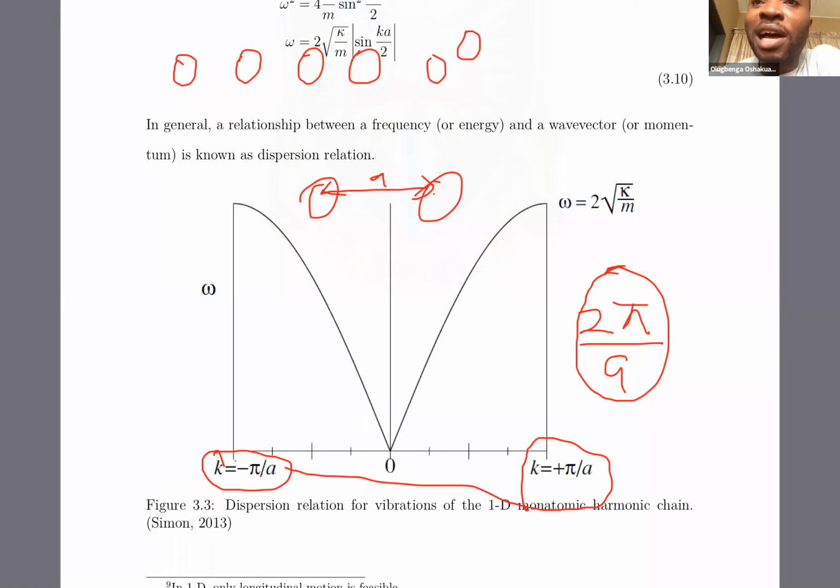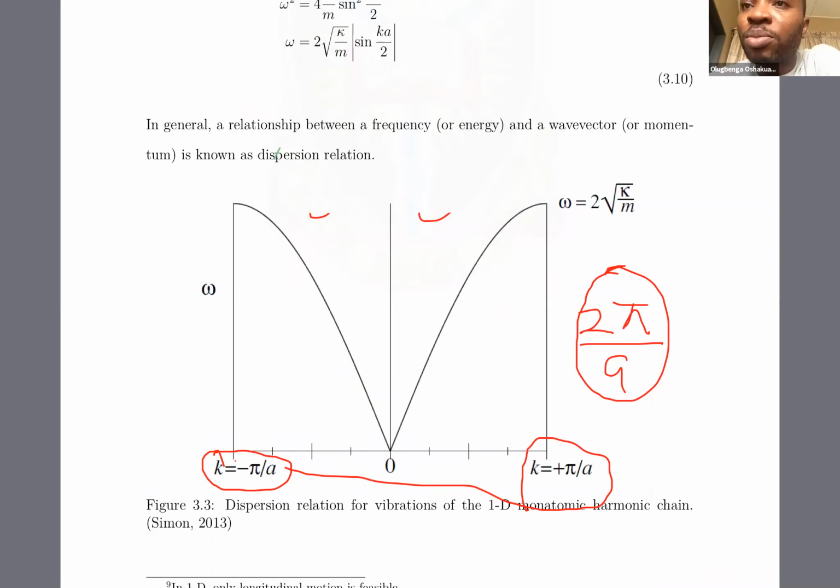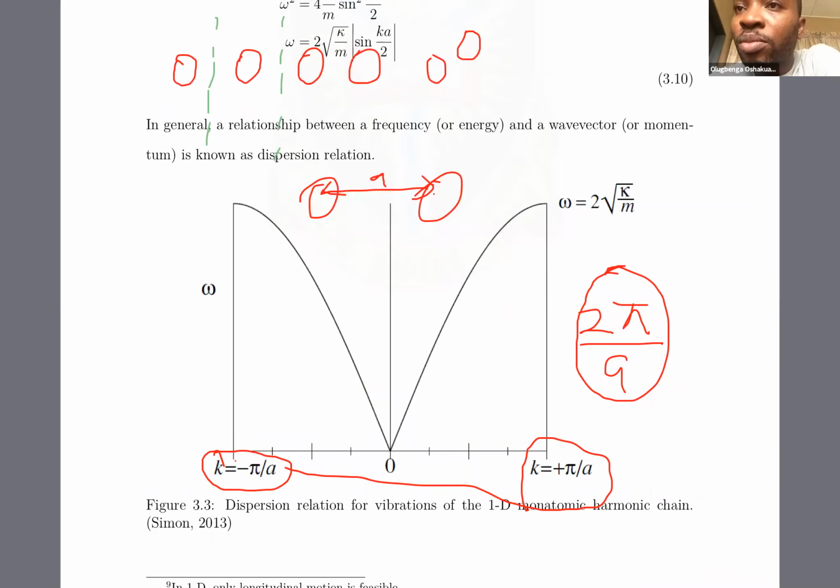It's like each one having their own room. Just like these green dotted lines, they are separating each of the atoms into 2.